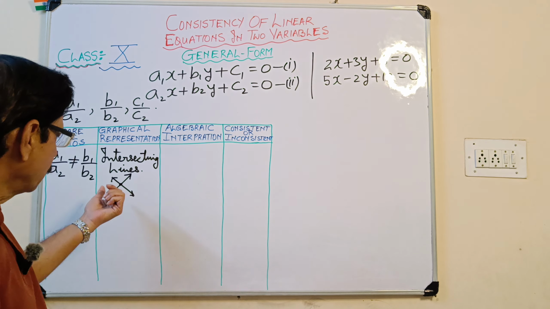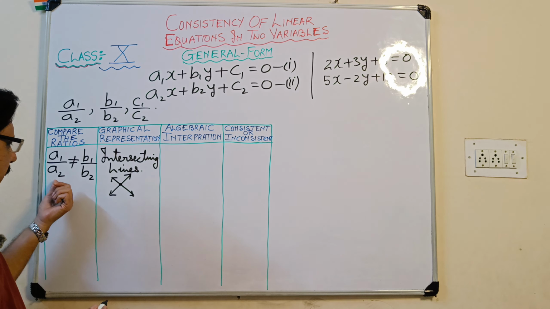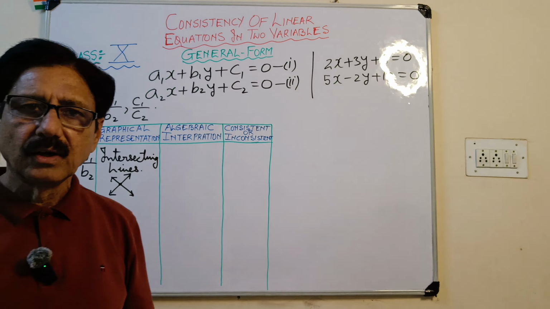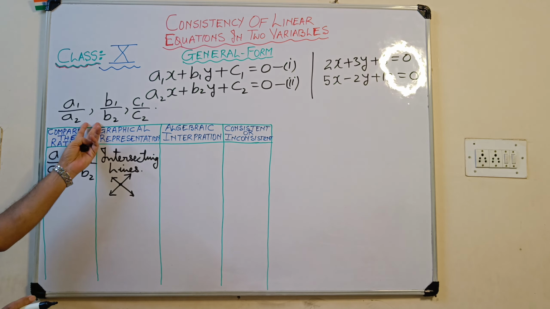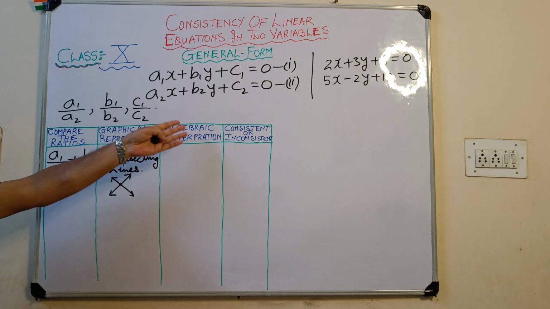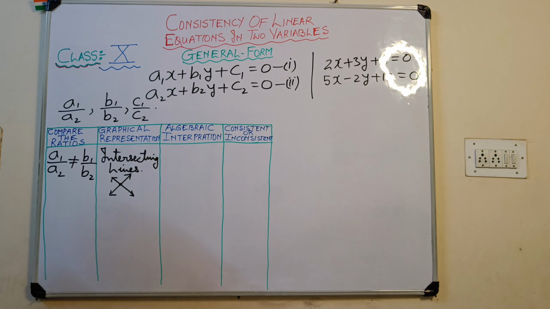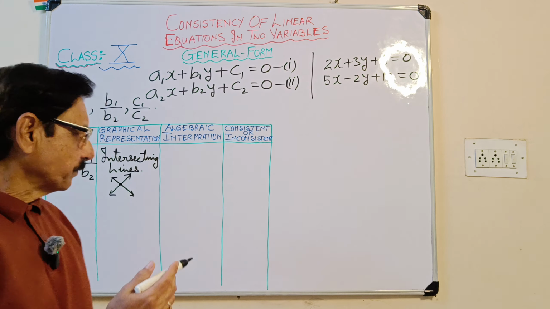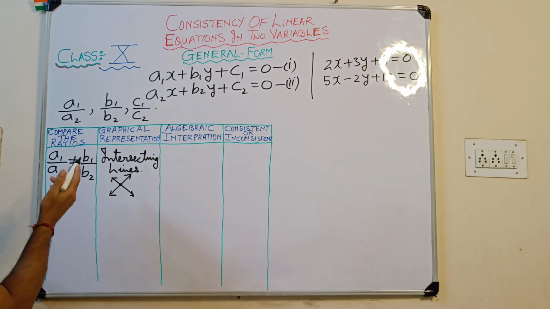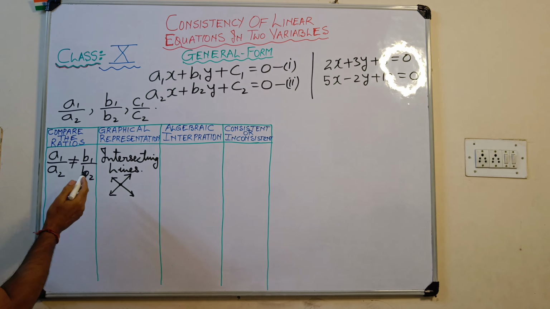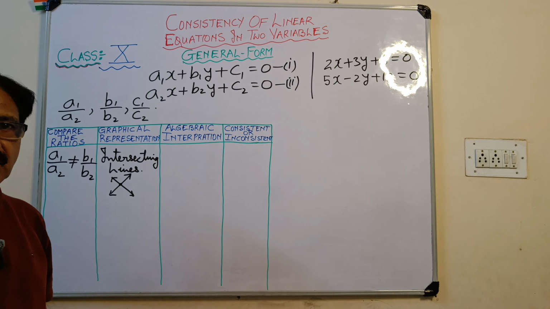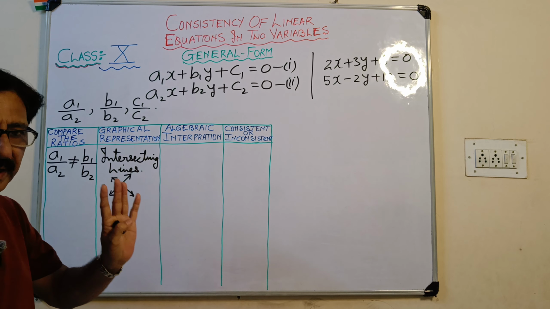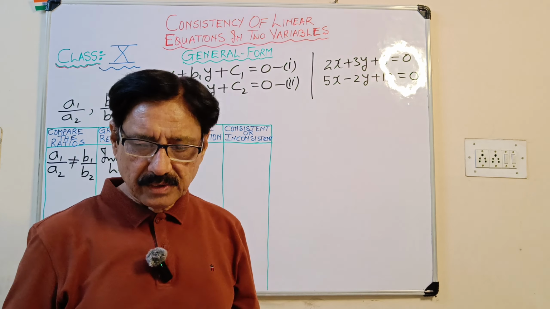Very easily we can tell that if a1 by a2 is not equal to b1 by b2, only by these first two, the numerical coefficients of x and y, will tell you whether you will get a solution or not. If they are not equal, there is no need to check c1 by c2.